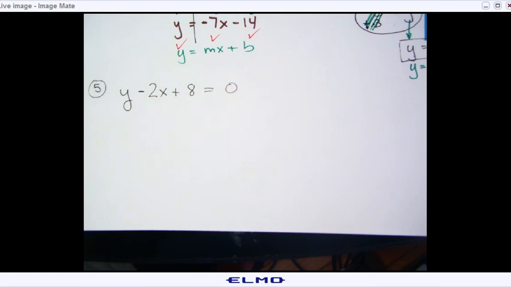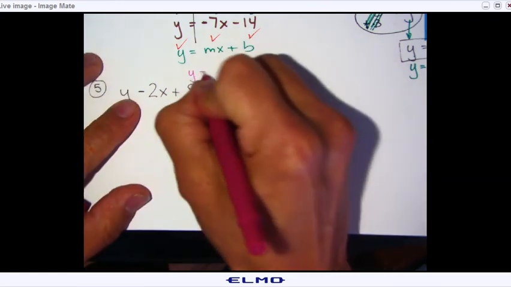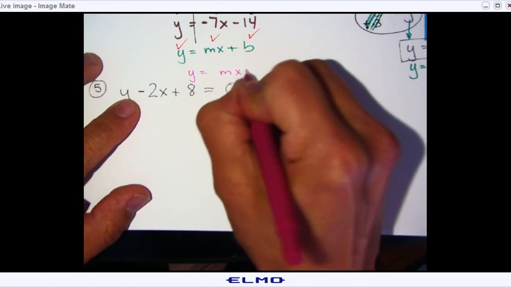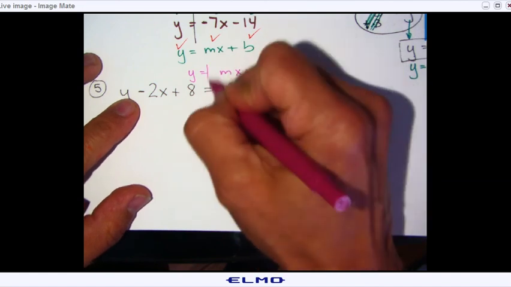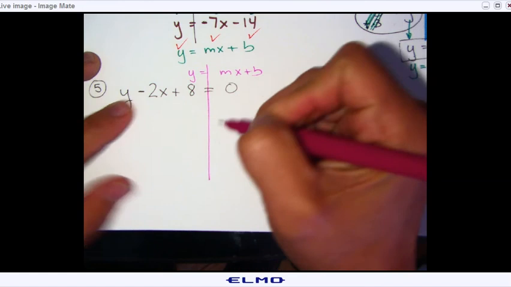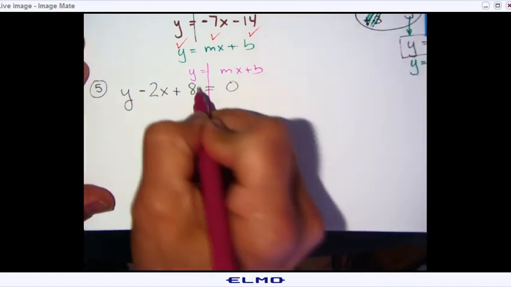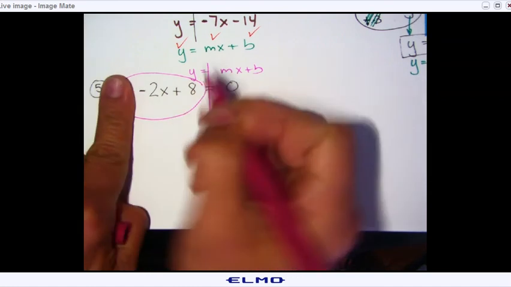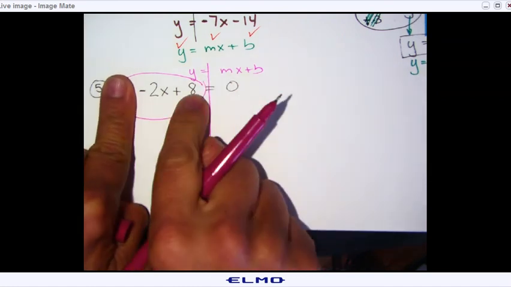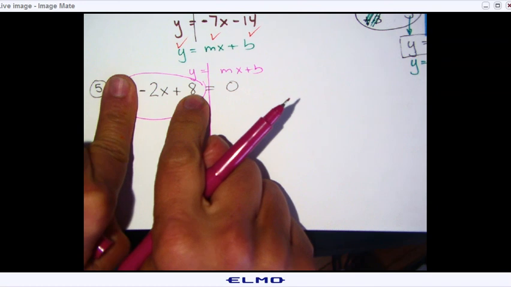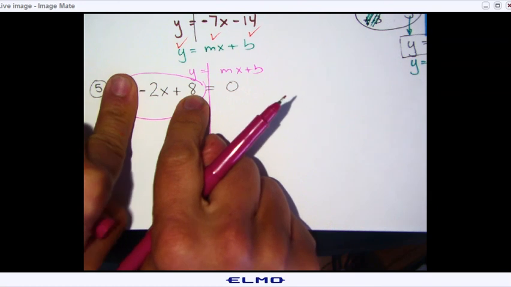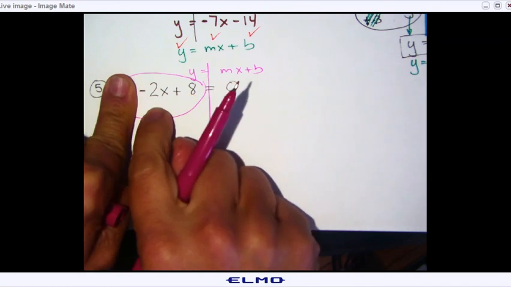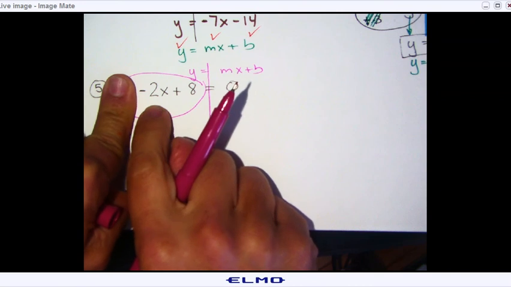So if you kind of know how to do it, just go ahead. Again, you're solving for y equals mx plus b. All right, so let's put a line. And then we're solving for y. When I'm solving for y, all these terms, one has an x, one doesn't have an x, right? You got to get them out. So how do I get rid of the negative 2x?